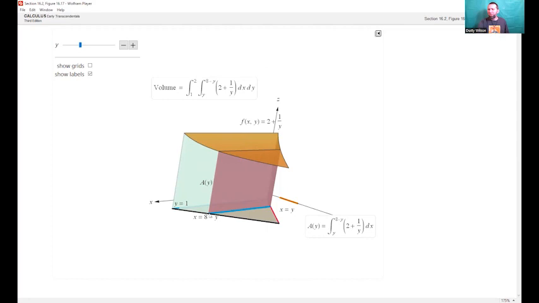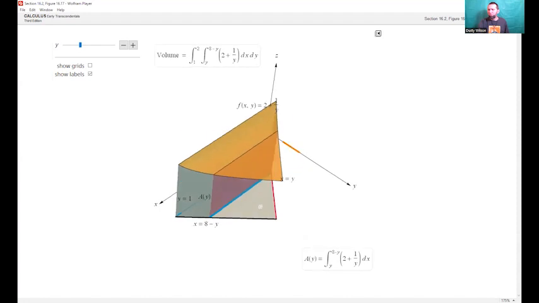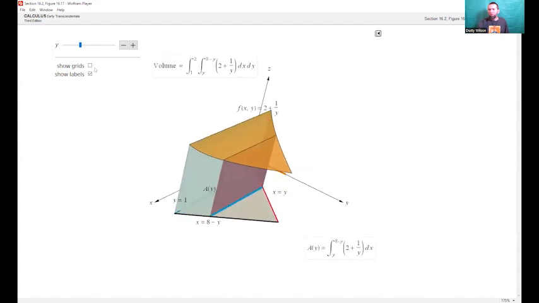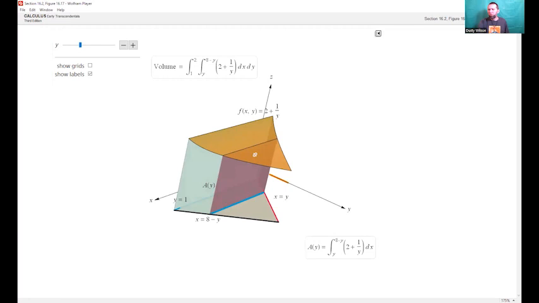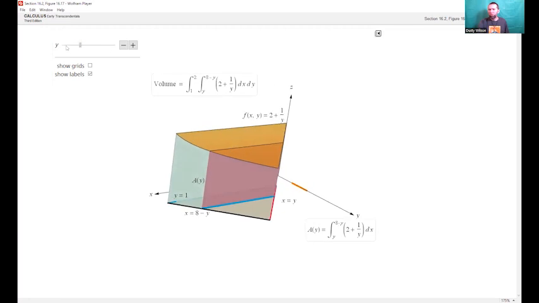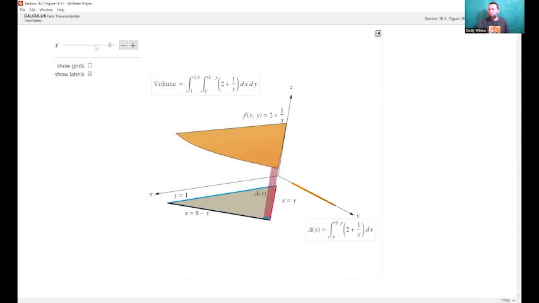We'd multiply them by a thickness, which is a dy, and that would give us our total volume. Here's the total space. So we went from y equals 1 all the way up to y equals 4. All the regions in between.